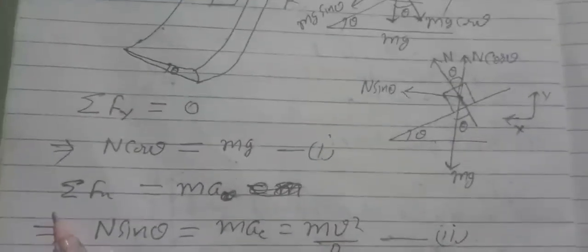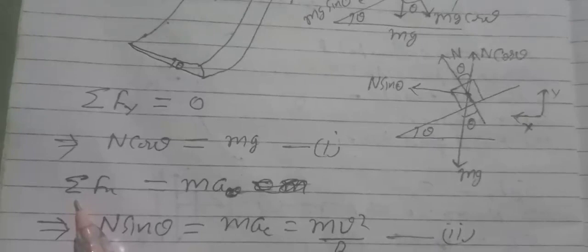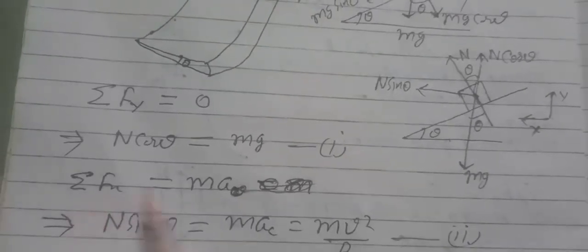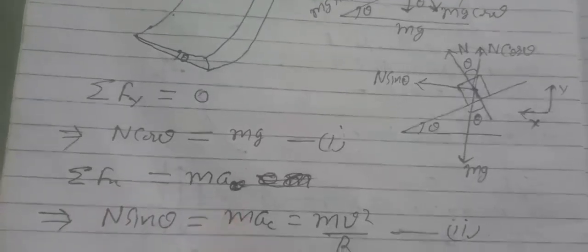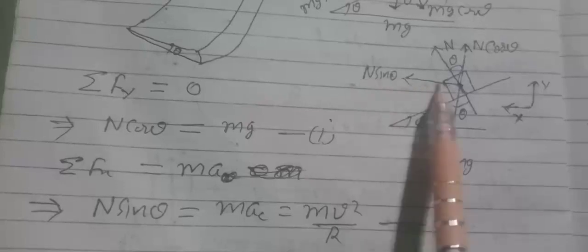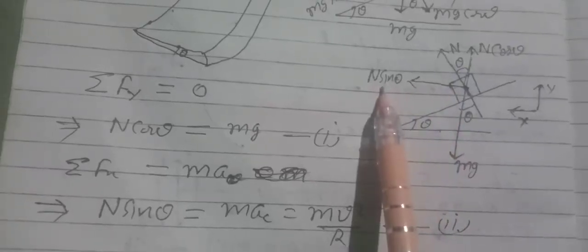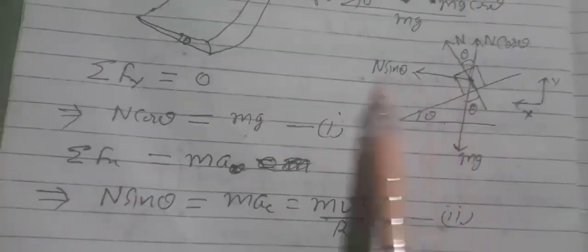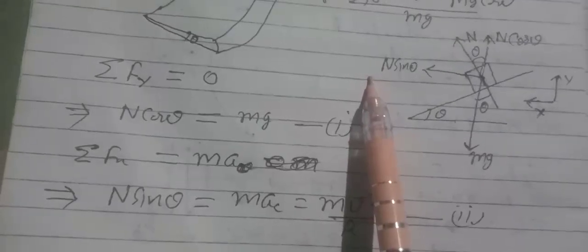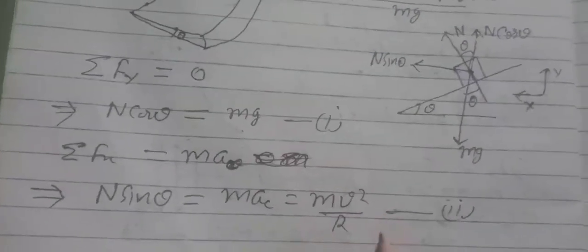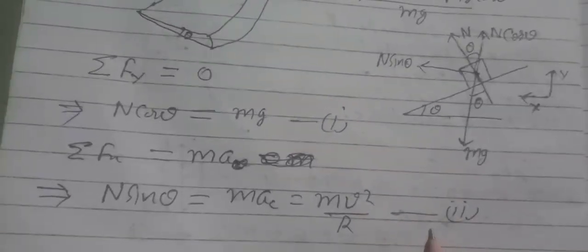Again for the x direction, that is the direction along the center, sigma F_x equals ma. In the central direction the force acting is N sin theta, so N sin theta must be equal to mass into acceleration, and in the central direction that acceleration is the centripetal acceleration. So we have written m into a_c equals m into v square by r, equation 2.